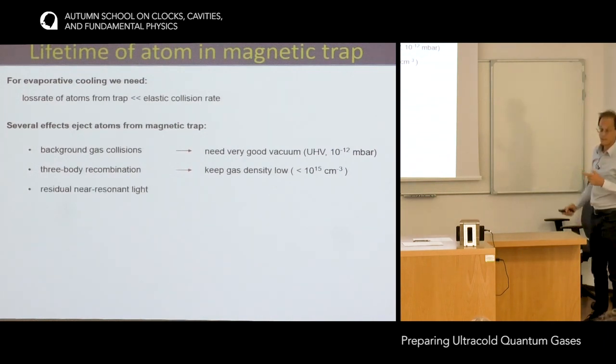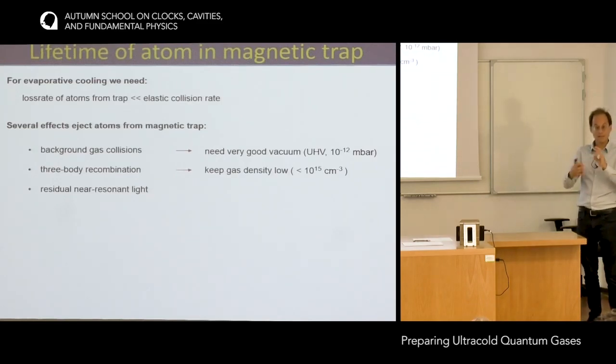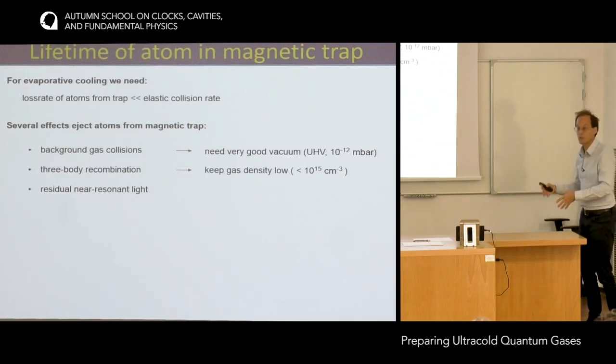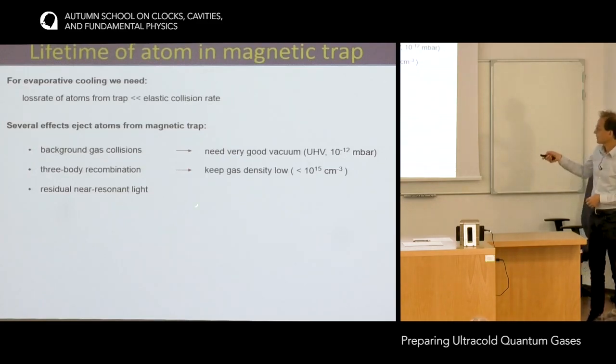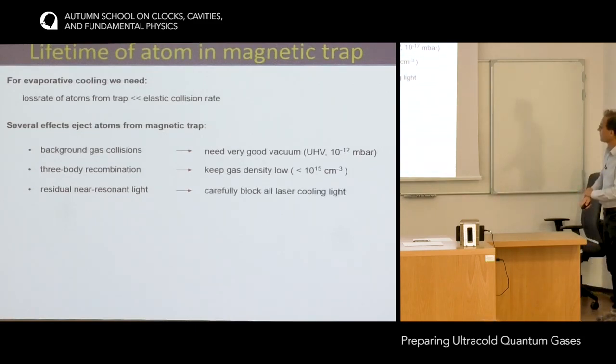The residual near resonant light: if you scatter a photon off of this atom, it can perform optical pumping and bring you into an untrapped state. This is very dangerous. So you really have to make sure that all these laser beams you used for the magneto-optical trap and the Zeeman slower and so on are really shuttered off if you perform evaporative cooling in a magnetic trap.